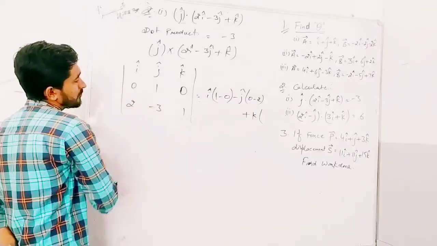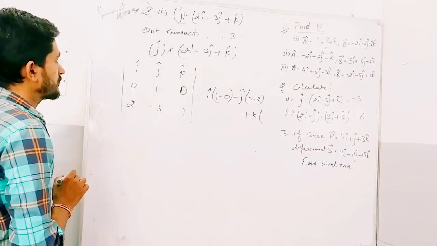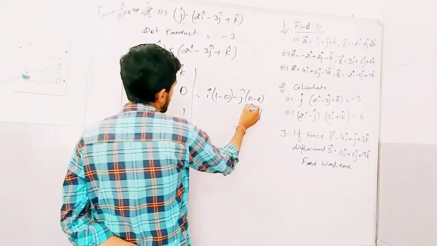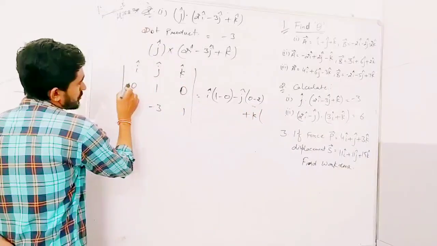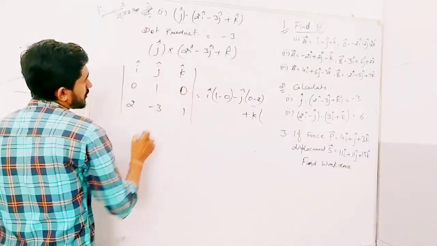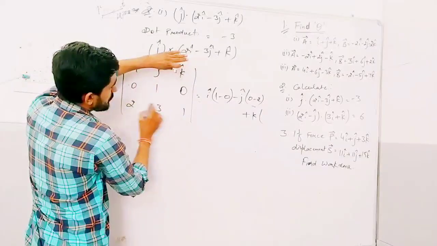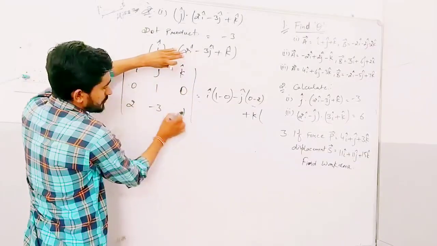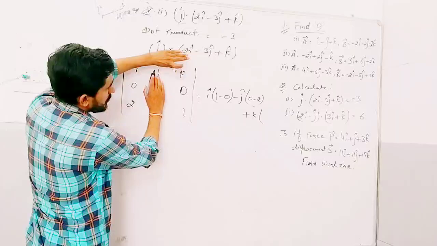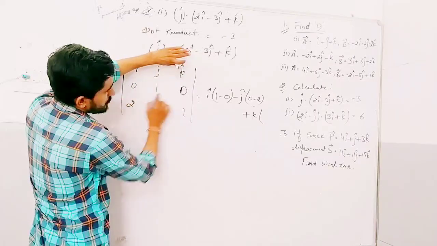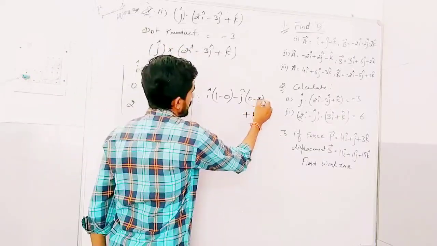I think here we got a different answer. 0 and 0 for j cap. This is 0 and 0, this is closed. This is also 0.